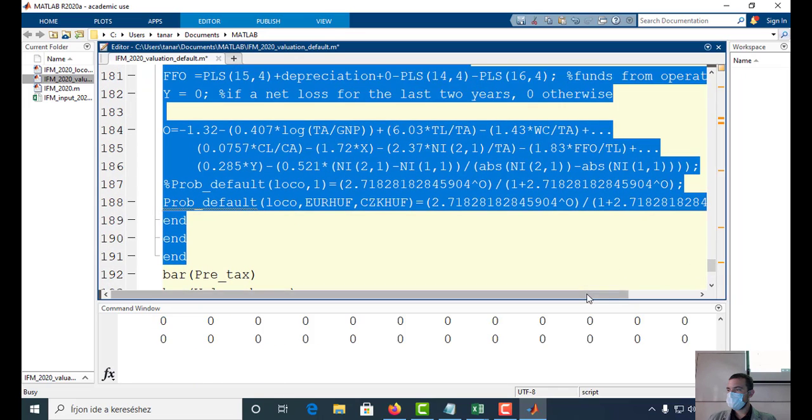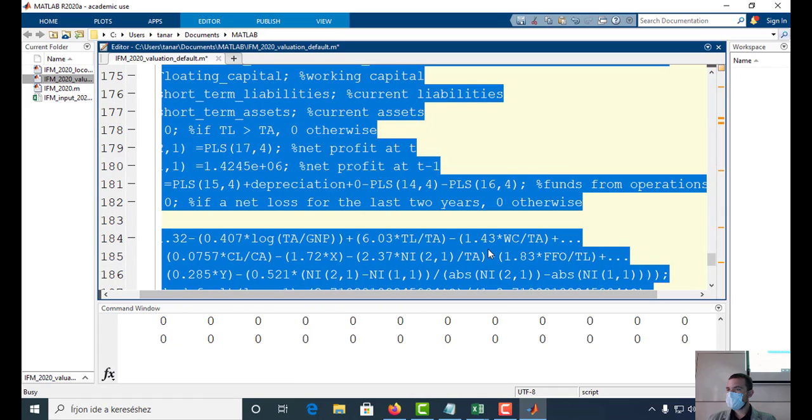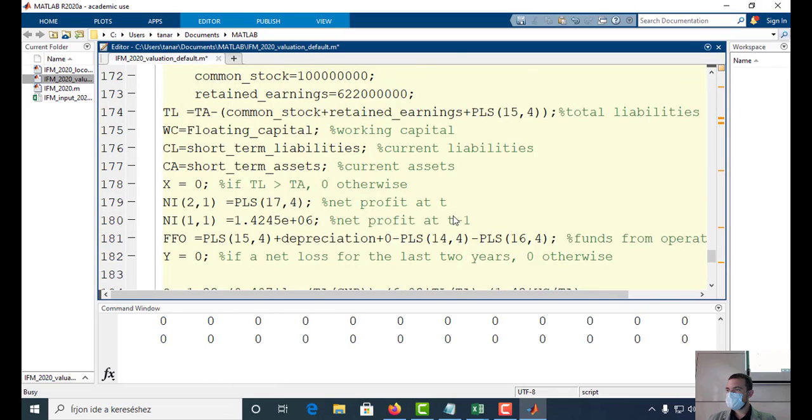Somewhere I missed some semicolons because it's writing out all the unnecessary calculations.